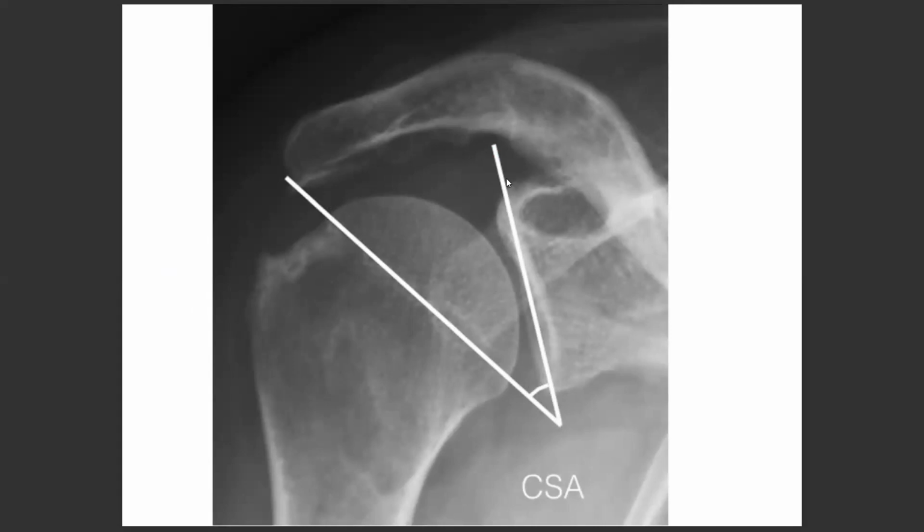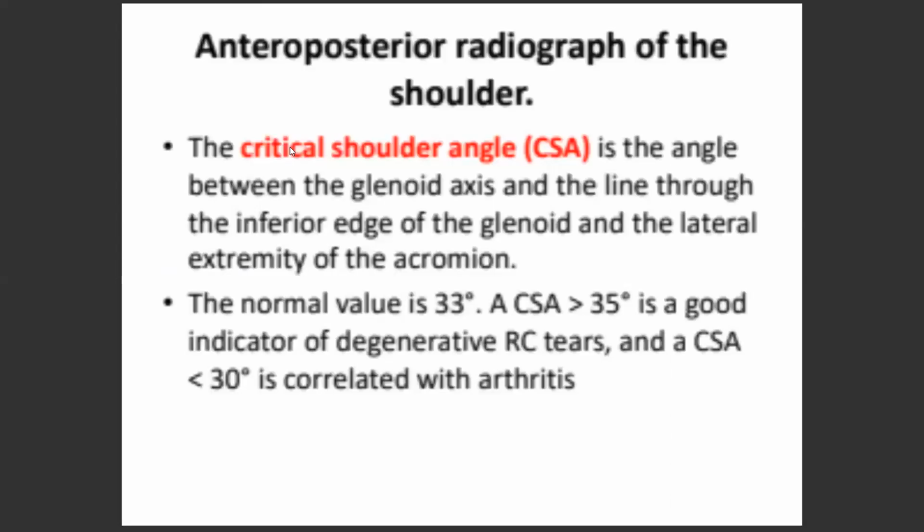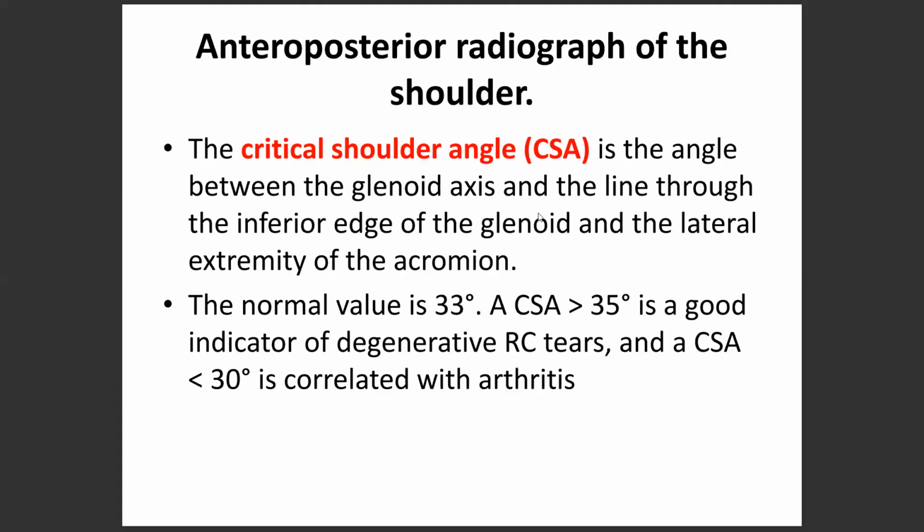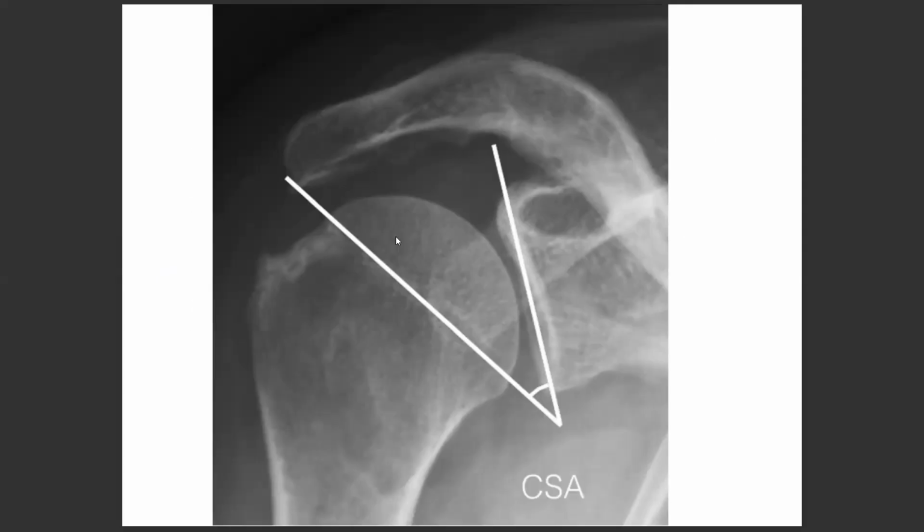So this is the line which is the long axis of the glenoid, and then a line from this point till the lateral end of the acromion. So that is the lateral extremity of the acromion and the inferior edge of the glenoid.